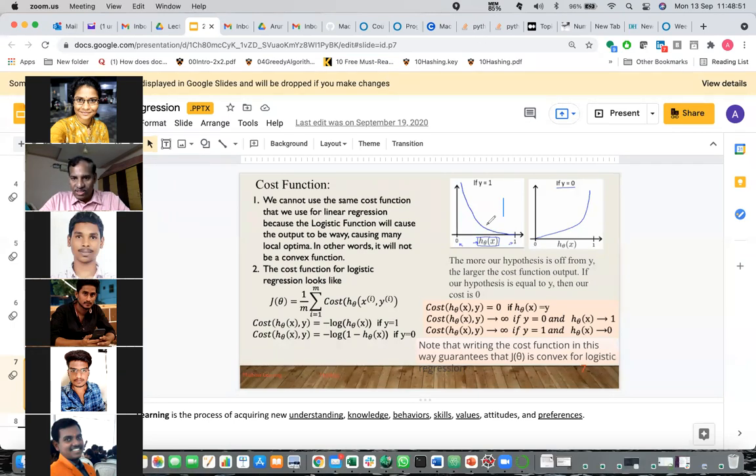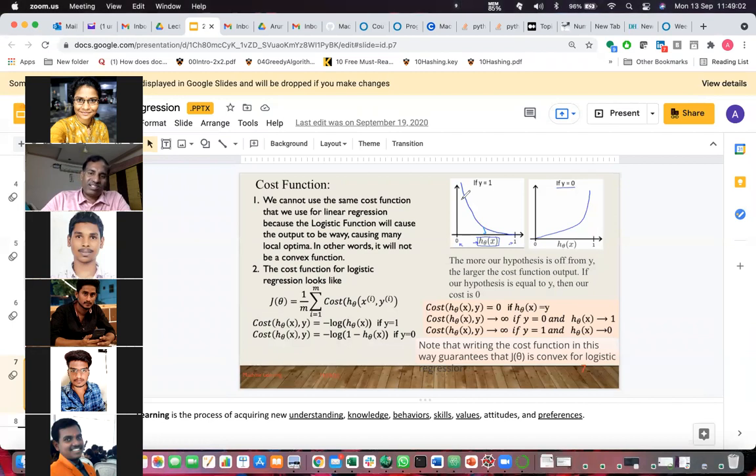So you see here, somewhere here 0.5 will come, right? So before 0.5, the cost is becoming infinity. Means you need to predict 1, but when you are predicting close to 0, your cost will be very, very high. When you are predicting close to 1, means greater than 0.5, your cost will become less.